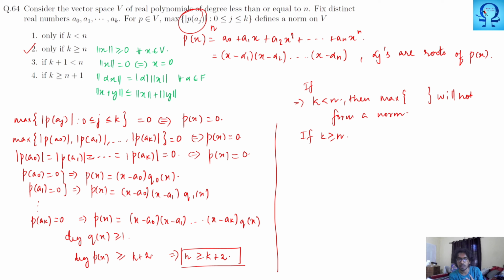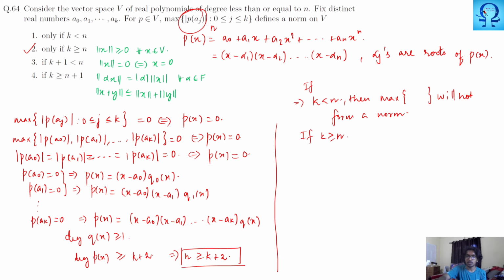That is what they are saying. If that is not happening, I don't bother. It may be a norm or may not be a norm. That is the case. "Only if" means this has to happen in order for the maximum of that quantity to become a norm. That is what it means.